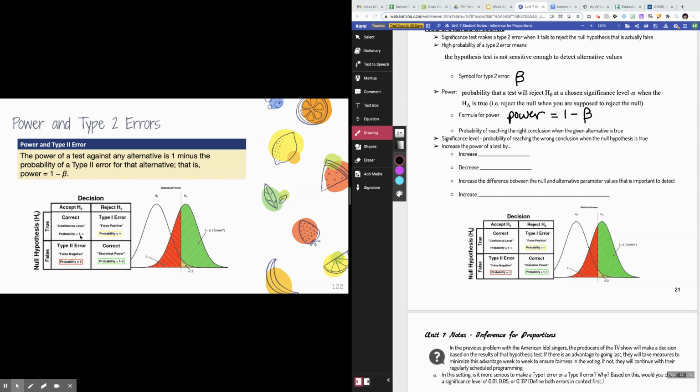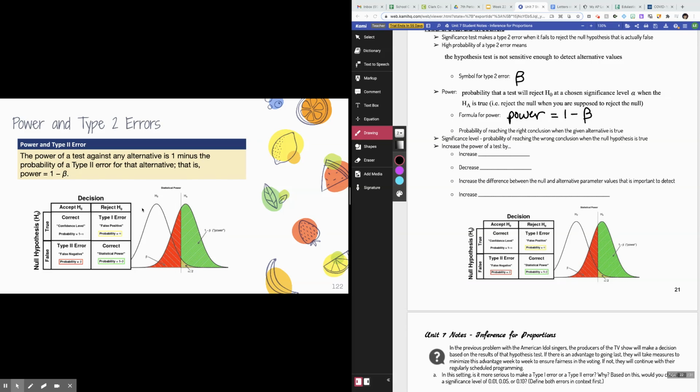So if you want to lower your type 2 error, you have to increase your power, right? So power goes up when type 2 error goes down, because they're directly related. Power is 1 minus beta and type 2 error is beta.